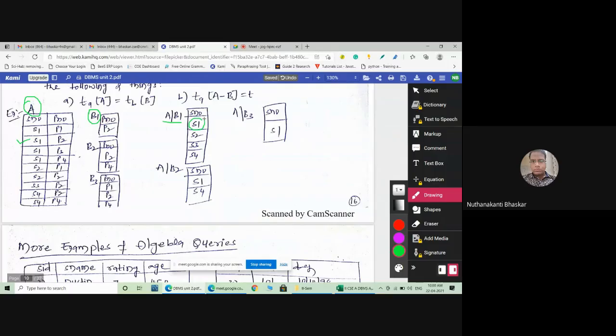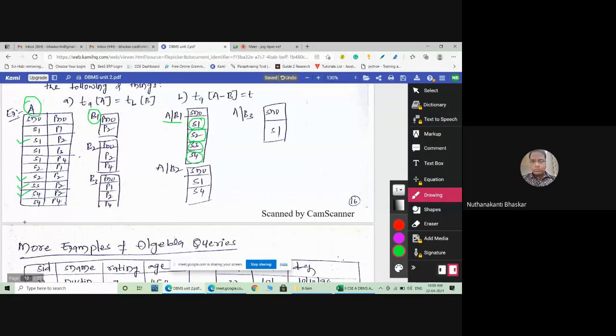Now S1 will come to A by B1. Now next come to P2 again. Here there is no P2, there is no P2, there is no P2. Here the P2 is there. Now S2 will come. Clear? Now here P2 is there. Now S3 will come. Now here P2 is there.